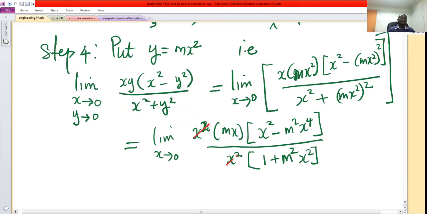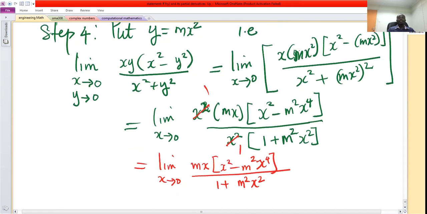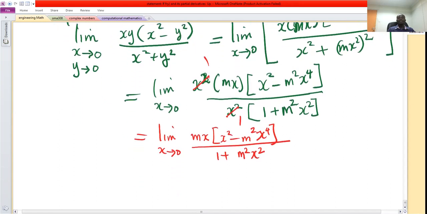So we'll have the limit as x approaches 0 of mx times (x squared minus m squared x power 4) divided by 1 plus m squared x squared. Now in this case, we just use direct substitution to get the limit.